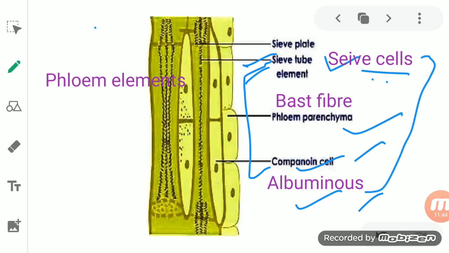It means when we take a parent cell, it gets divided into two daughter cells. One will be either a companion or albuminous cell, and the other daughter cell will be either a sieve tube or a sieve cell.